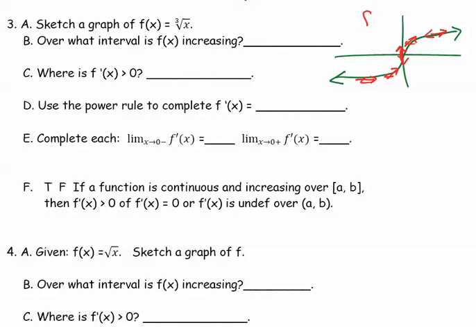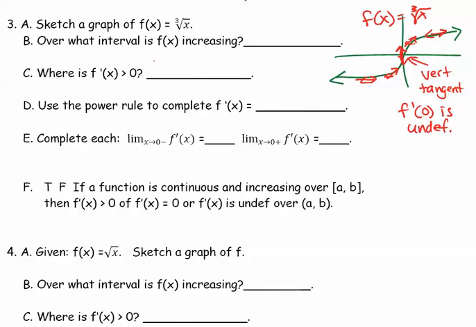This is our f of x equals cube root of x function. Every other tangent seems to have a positive slope, but here we have a vertical tangent. So when we have a vertical tangent, we would say that f prime will be undefined. So f prime at 0 is undefined.